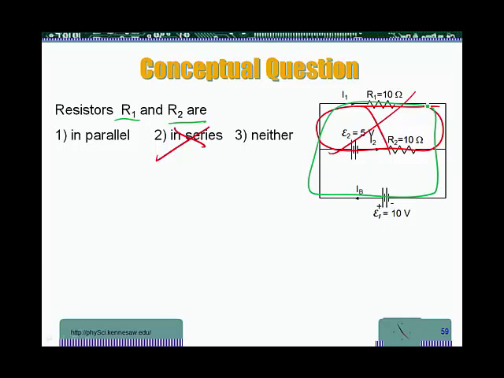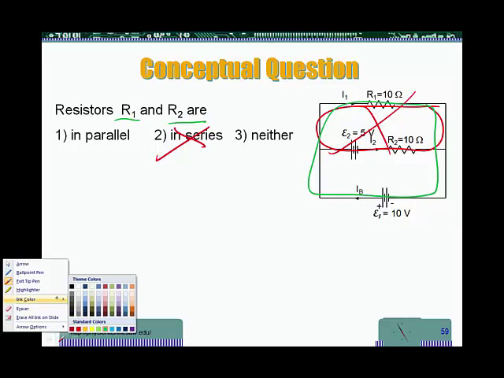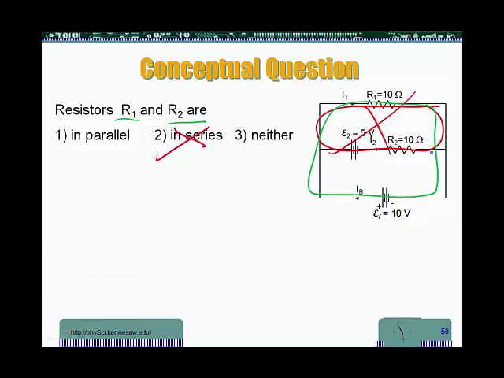So that does not work. This loop does not have R1 and R2. So that does not work. So of all possible loops that I can draw in the circuit, none of them includes just R1 and R2. So they are not in parallel. So my answer is neither.